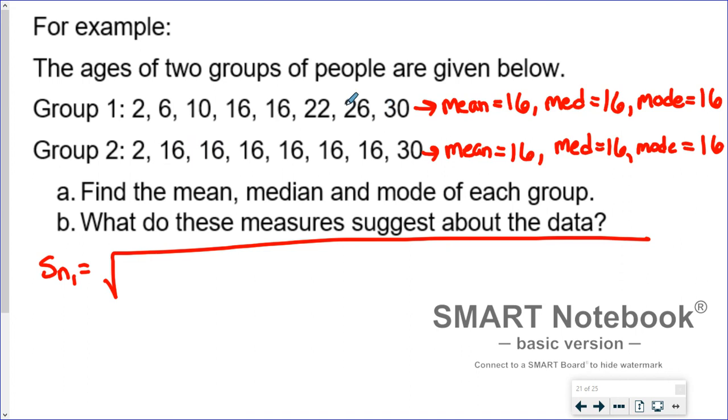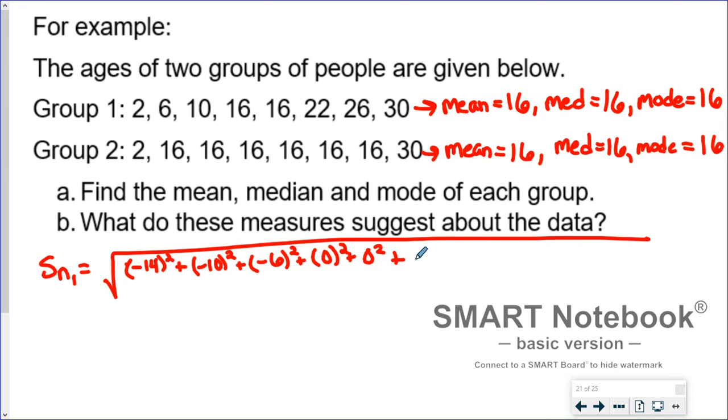Now, my mean is 16, so I would do 2 minus 16, which is negative 14, and I would square it. And then 6 minus 16, which is negative 10, and I would square it. And then 10 minus 16, which is negative 6, and I would square it. And then this would be 0, 0 again.